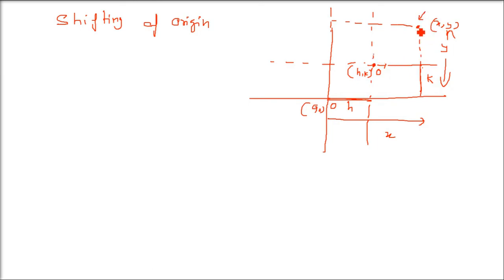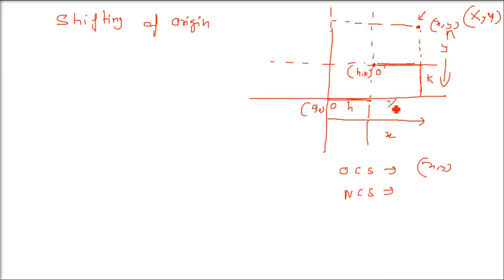Now what is the new coordinate system? In the old coordinate system, this point was x comma y. With the new coordinate system, this same point x, y becomes capital X, capital Y. Now see the diagram.